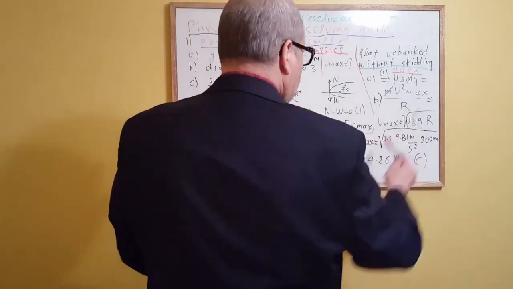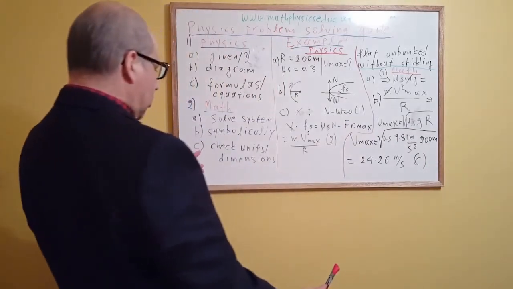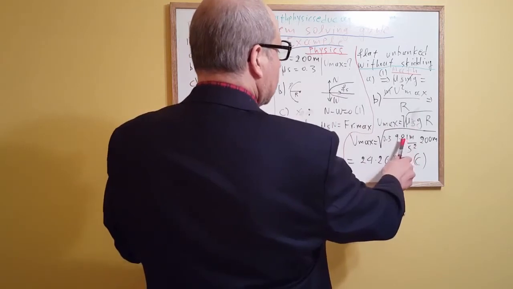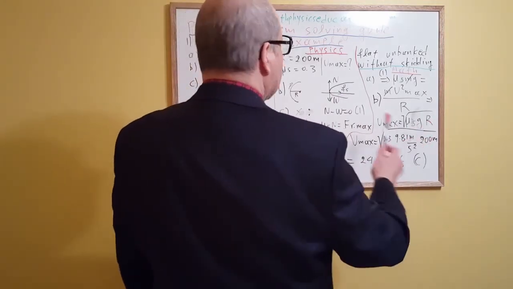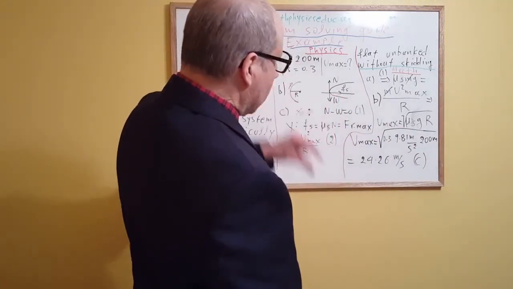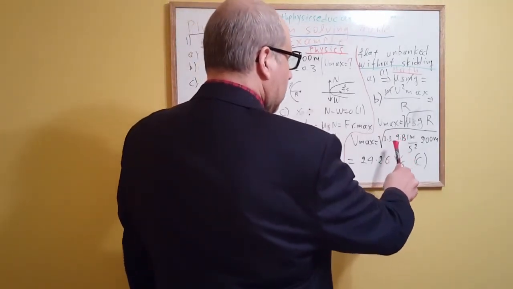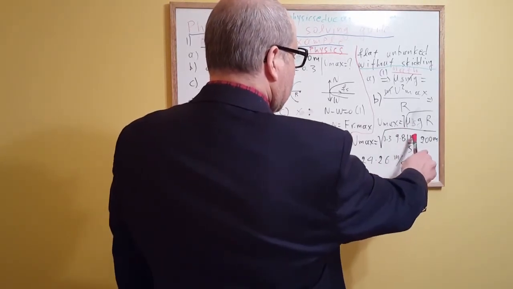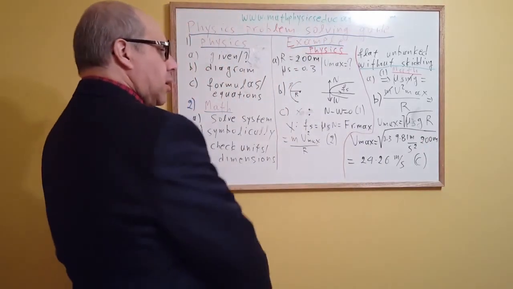So if you put everything here, and of course also the units, in order to do the numerical part: this is 0.3 the mu s, 9.81 is the acceleration of gravity, and 200 meters is the radius of the circular part, and of course the units for the acceleration of gravity are meters per second square, and the distance is in meters.